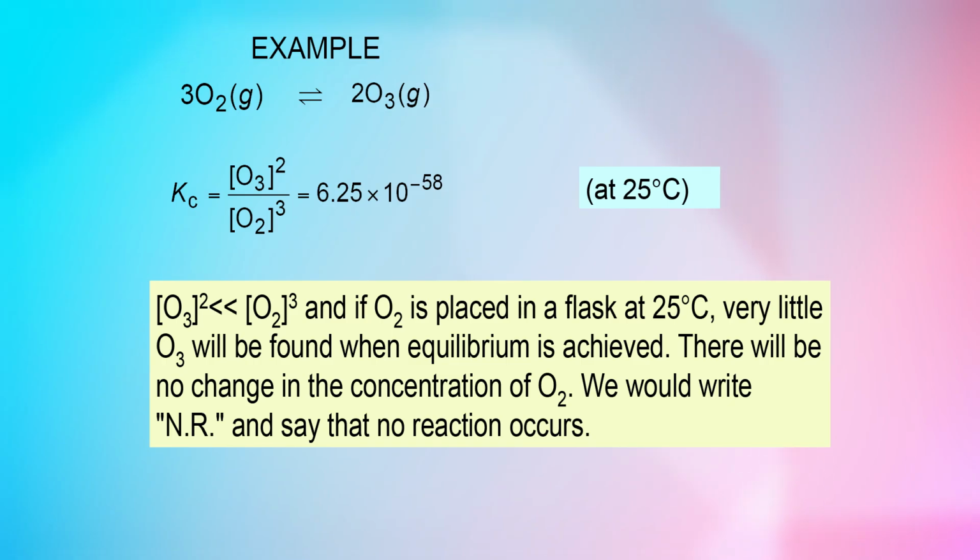So, the concentration of ozone is so much less than the concentration of oxygen raised to their respective stoichiometric coefficients that if oxygen is placed in a flask at 25 degrees centigrade, very little ozone will be found when equilibrium is achieved. So, almost no reaction, NR we say.